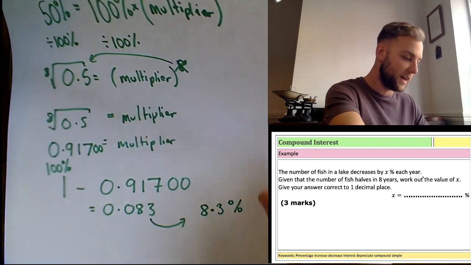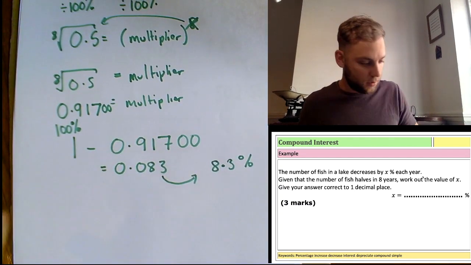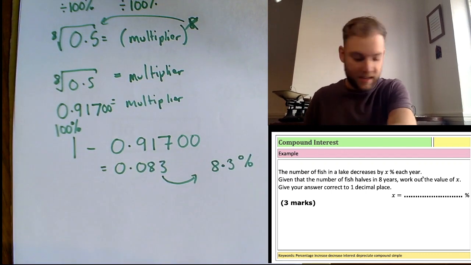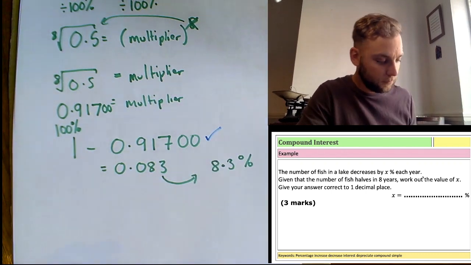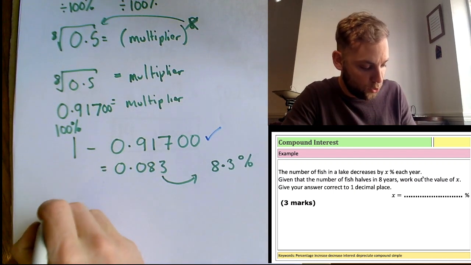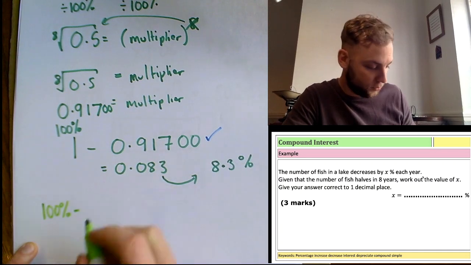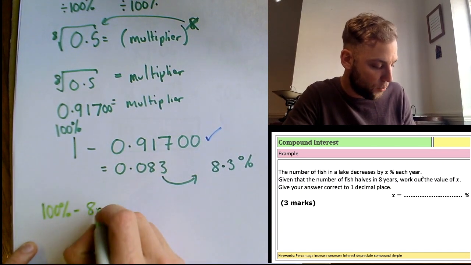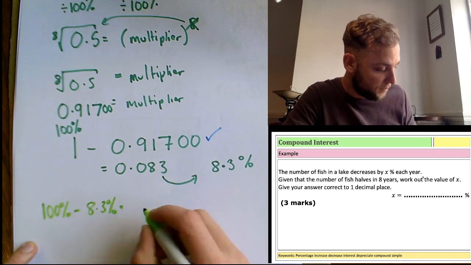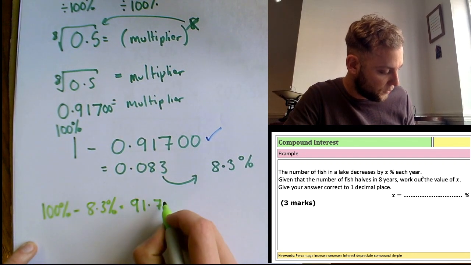Let's just think about that. Let's do it forward so you can see what I mean. So to get my multiplier, remember that this is my multiplier here. Okay, to get my multiplier, I would have to go 100% minus the value I'm decreasing by, which is 8.3%, which would give me 91.7%.